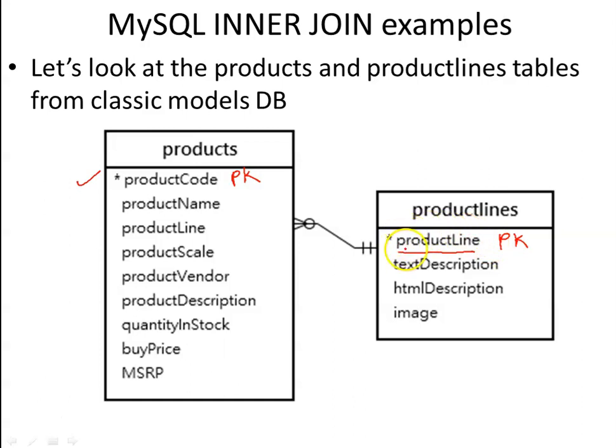The primary key, that is product line, in the product lines relation is acting as a foreign key in the products table, which is clearly visible over here. So basically you join tables that have foreign key relationships like the product lines and the products table. Whenever you are applying an inner join, you take into consideration the foreign key concept.